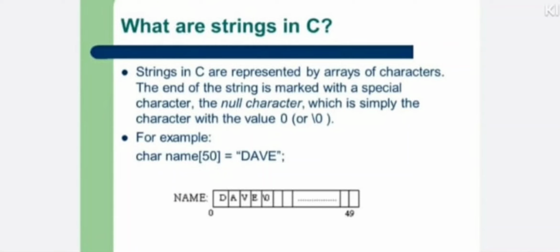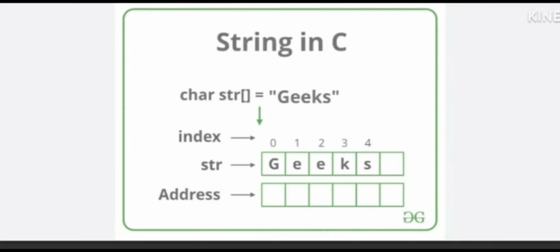For example, char name[50] = "Dave". Separately, only one word written in a single subscript is called a string. Strings in C: characters, string, subscript.